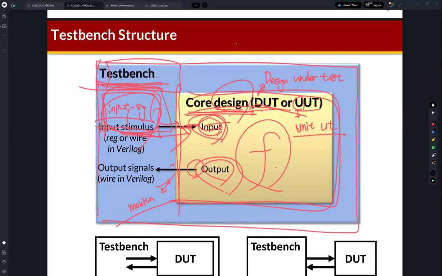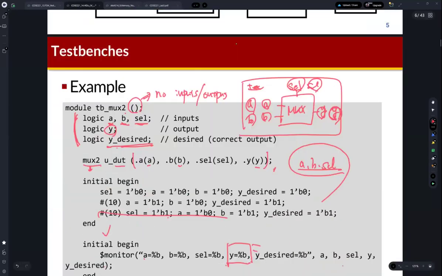The test bench generates the input stimulus and monitors the generated output signals. Then we can match the generated output signals with the correct output values. If the output signals match the correct values, then we can think that our design is correct. So this is the verification process.